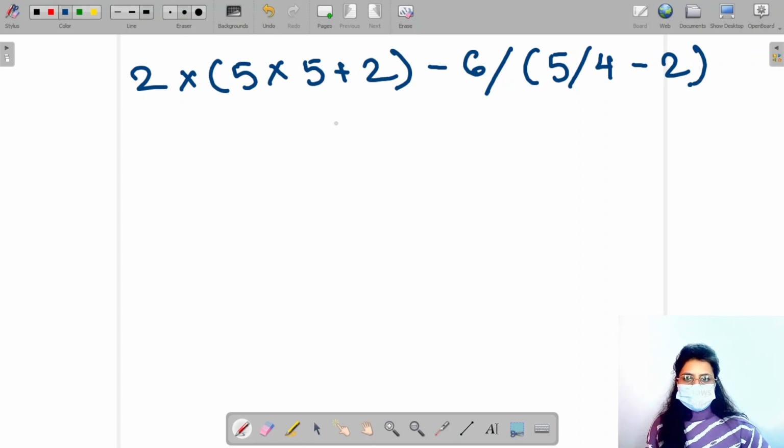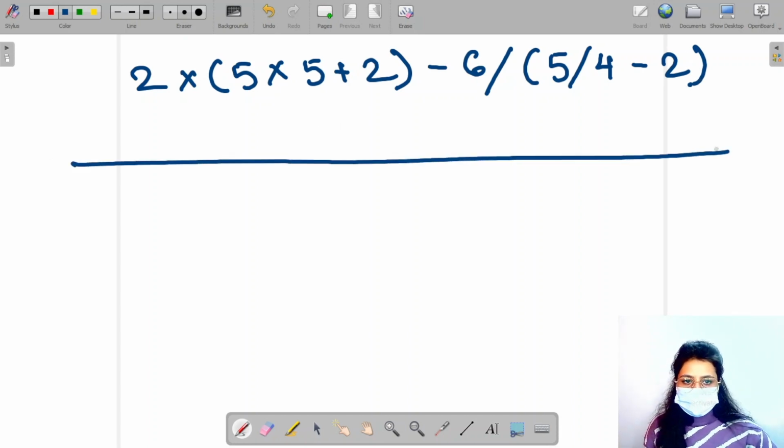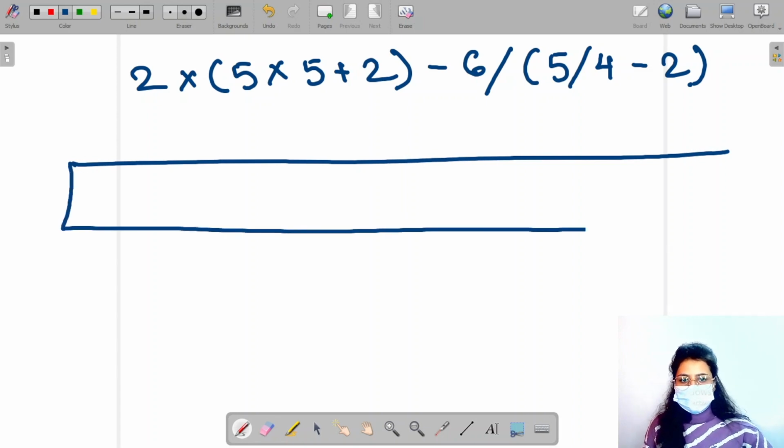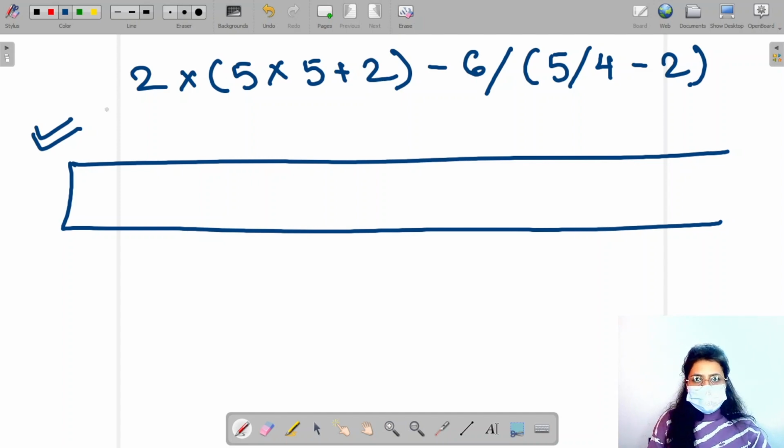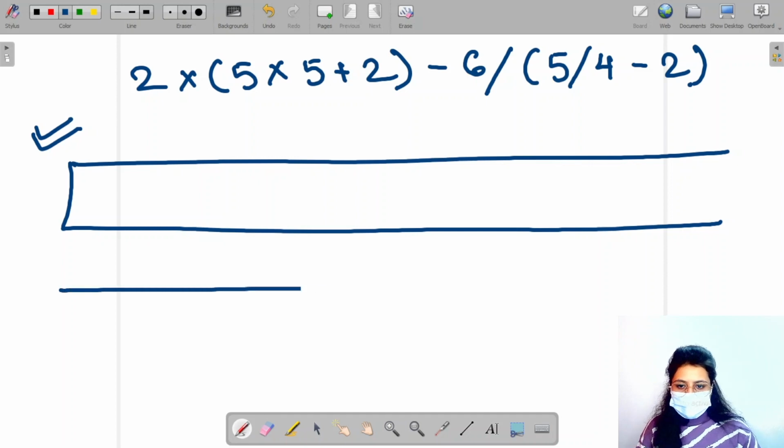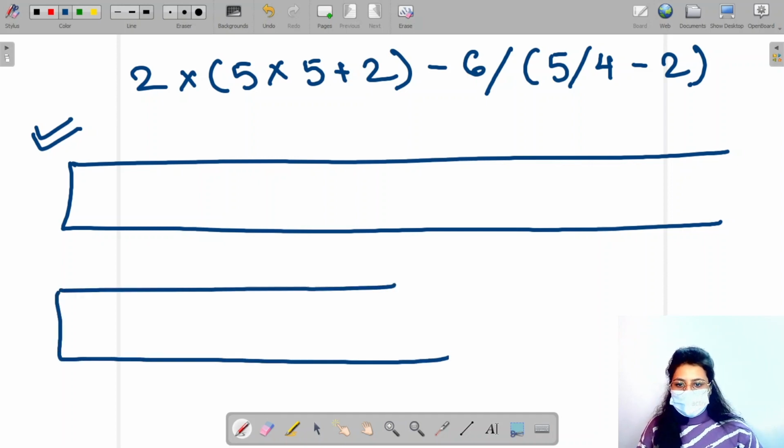This is the given expression. We'll use the data structure stack, and we'll restore the stack again and again when we store the values of the parentheses in one stack, right? So we'll make one more stack for the parentheses one, right?